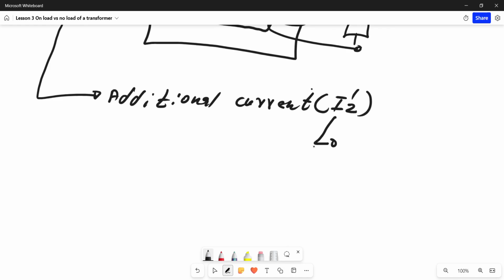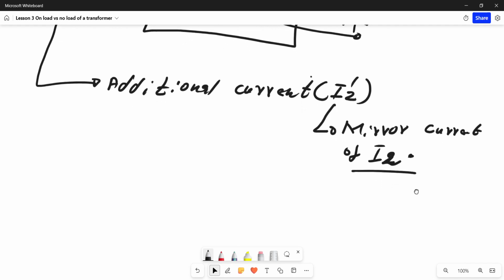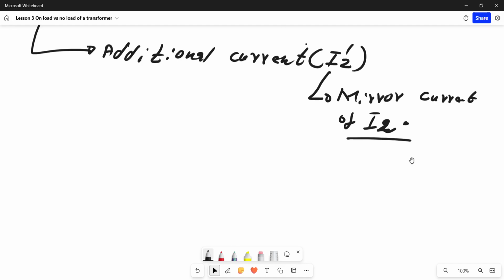It is also called the mirror image, the mirror current of I2. I like calling it this way. It's the mirror current of I2.